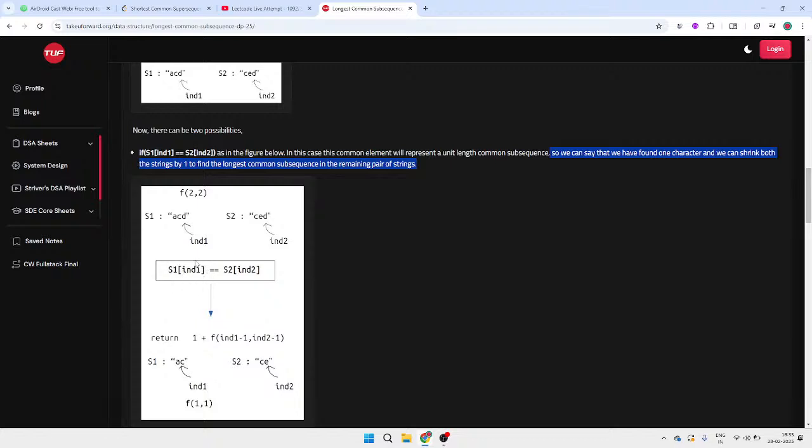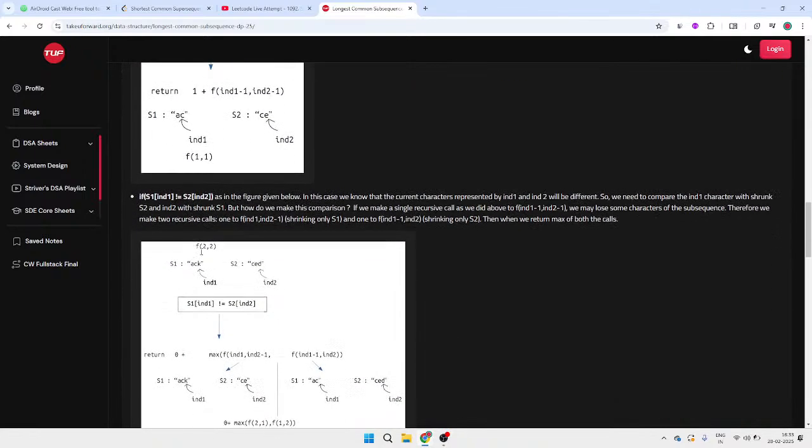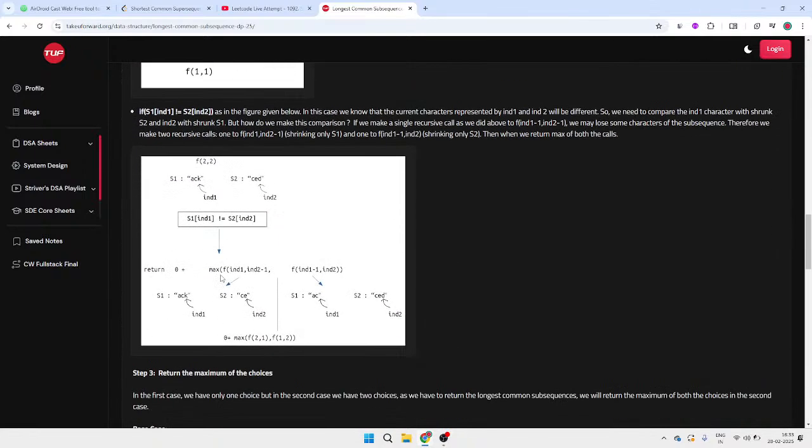So here is this S1[ind1] and S2[ind2]. If it matches, they did 1 plus the function of the shifted indices. If it doesn't match, in that case what they did was 0 plus the max of these two.